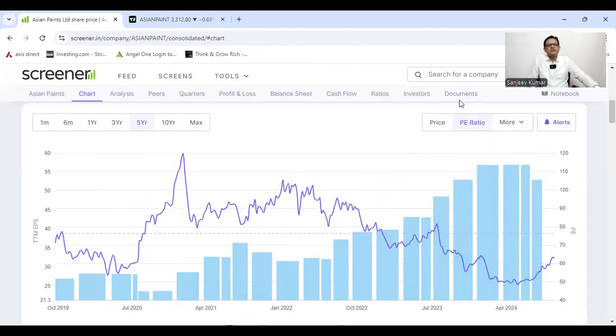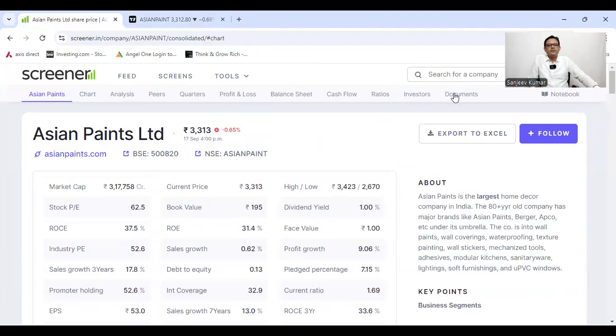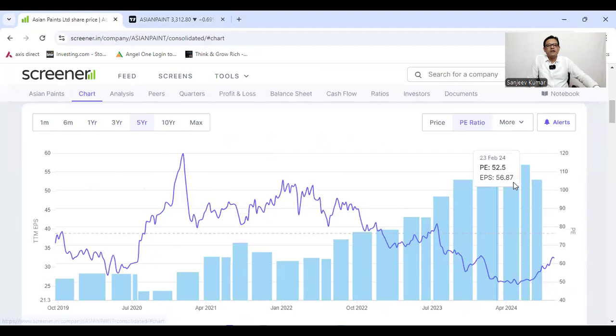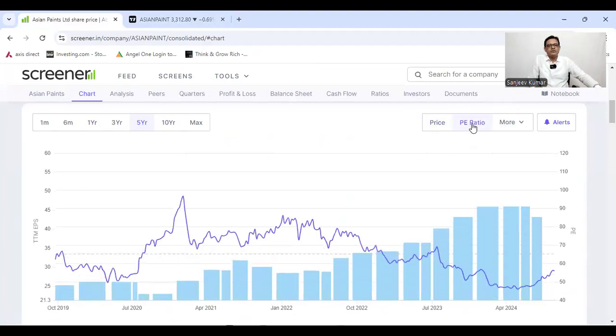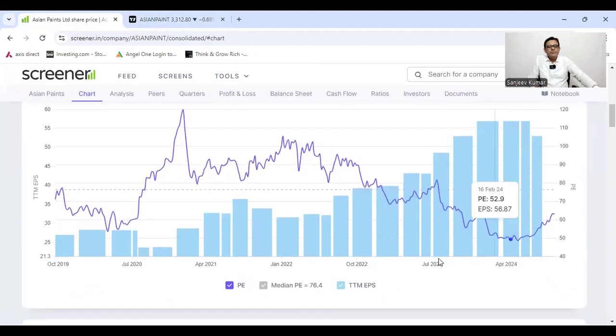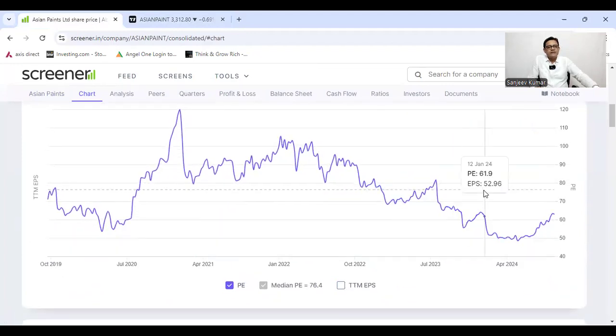You can search any company on screener.in and you will get it. In the chart, you will get the PE ratio. This is the price. You can select PE ratio. This is EPS. If I unselect, you can understand, this was EPS, and this line is the PE line.